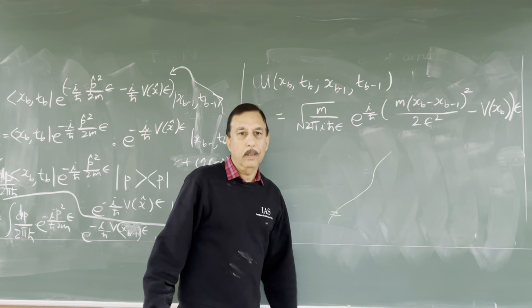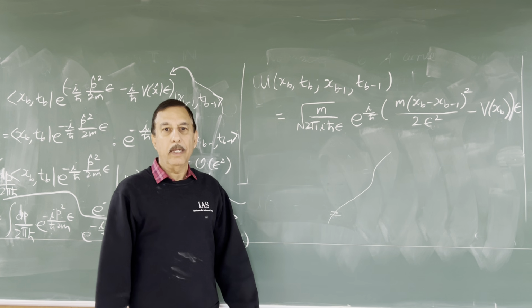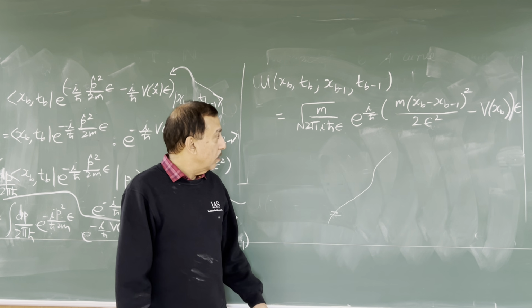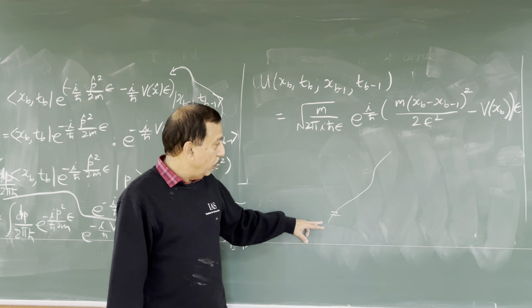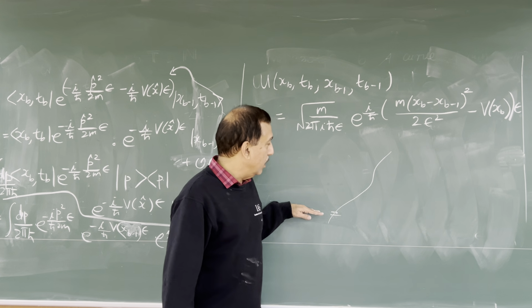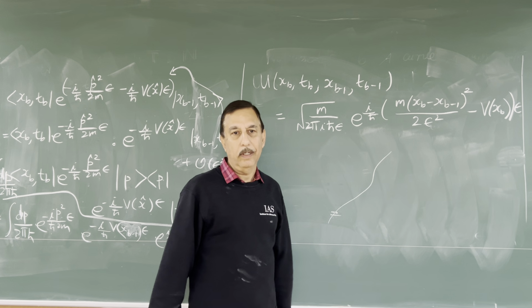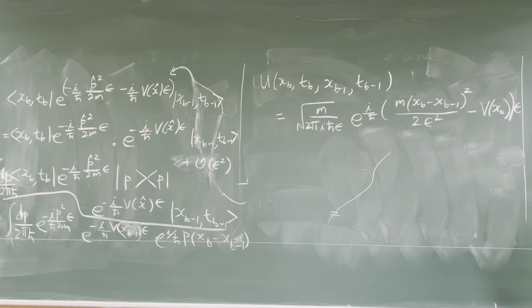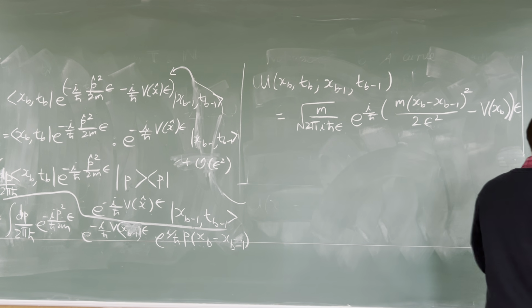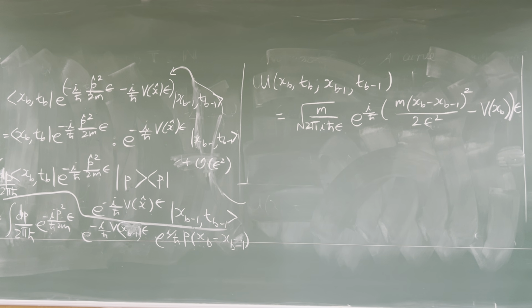They should be separated by order epsilon. But there's definitely a guess involved there, because in a way we are going to build up a smooth path from these very jagged ones where each point is integrated from minus to plus infinity. So this is again one of the aspects of guesswork, though I don't think this is the most important one.